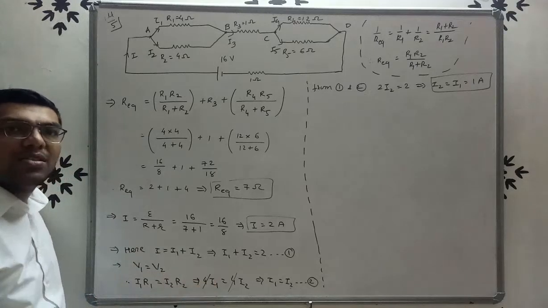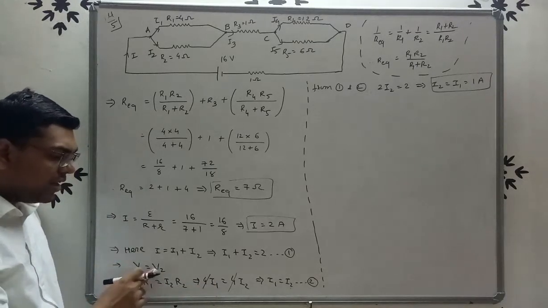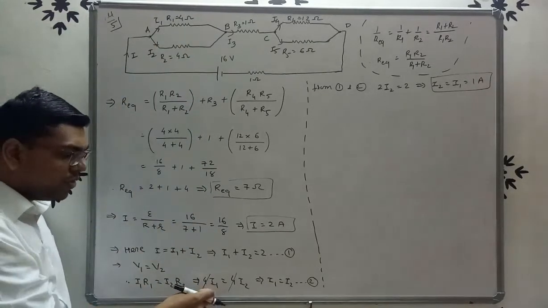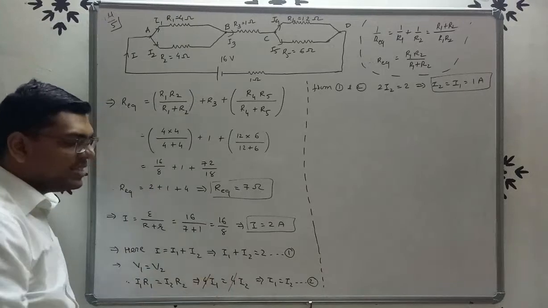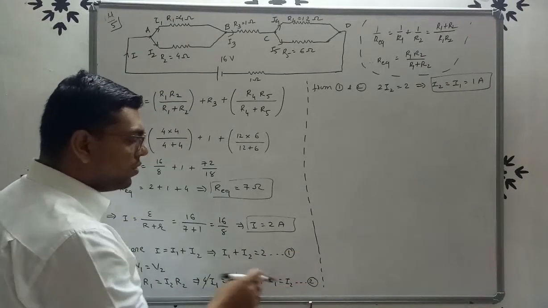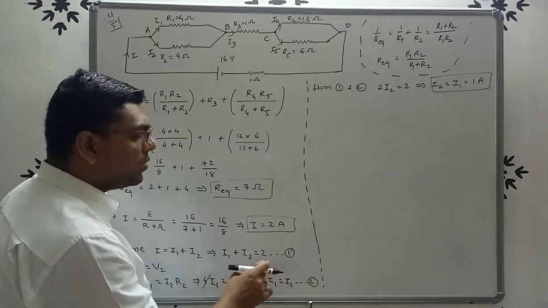Instead of V1 we can write I1 R1 is equal to V2, I2 R2. The values of R1 and R2 are 4 ohm, so 4I1 is equal to 4I2. The 4 cancels, so I1 is equal to I2. So from equations 1 and 2 we can write I2 instead of I1, so I2 plus I2 is equal to 2.